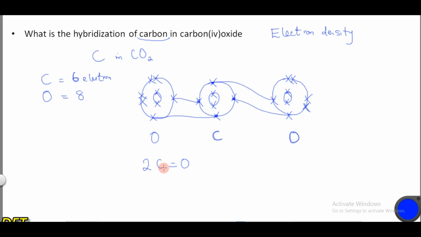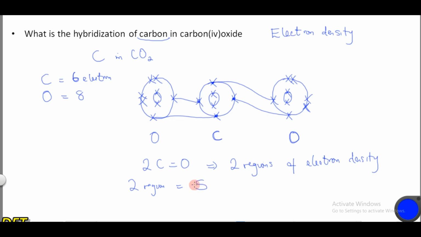So we have 2 carbon to oxygen double bonds, and this is equivalent to 2 regions of electron density. So 2 regions of electron density is equal to what hybridization?